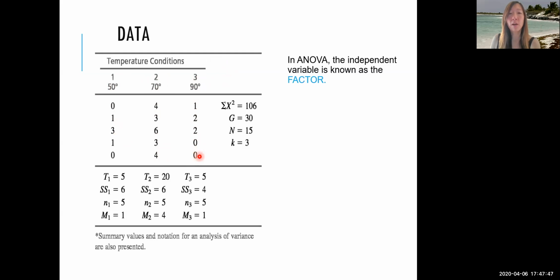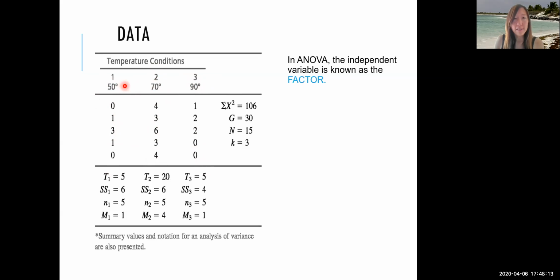And so I want to use this to demonstrate within and between real quick. I want to know if there's a difference between 1 and 2. I want to know if there's a difference between 2 and 3. I want to know if there's a difference between 1 and 3. So I want to know if there are just overall differences between or among these groups, okay?